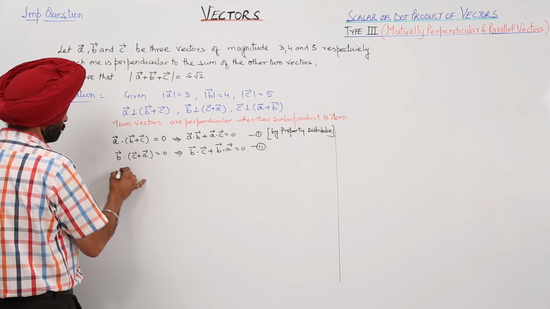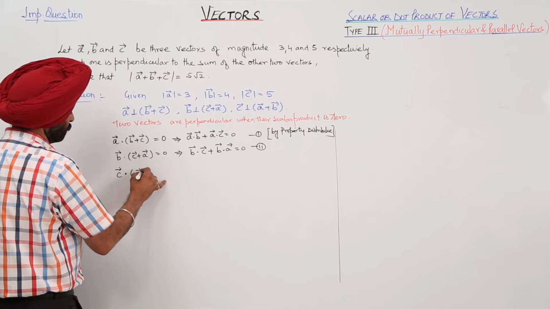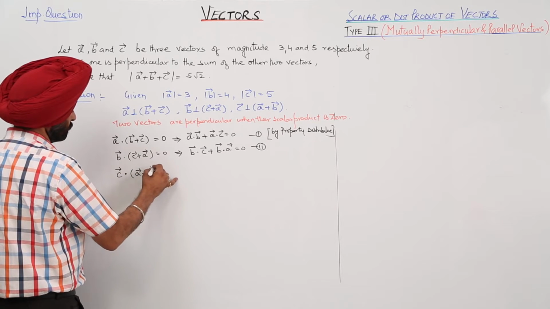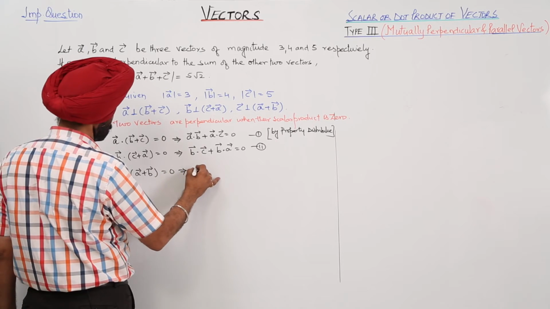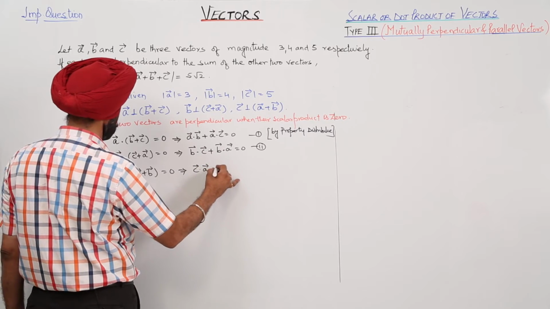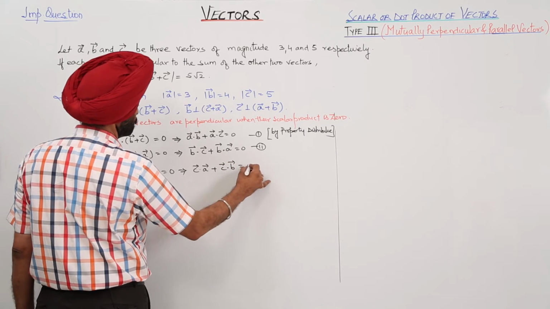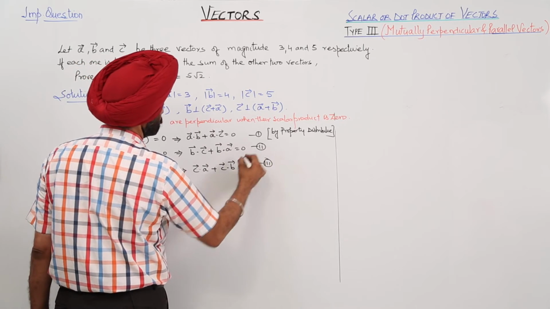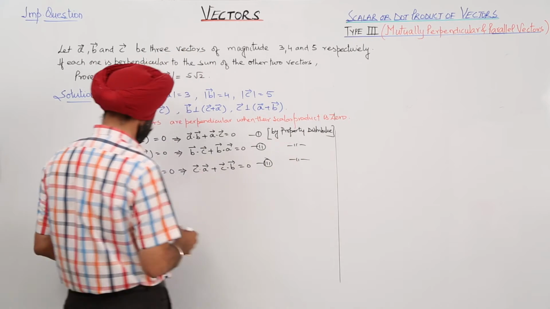And vector C dot vector A plus vector B implies vector C dot vector A plus vector C dot vector B is equal to 0. Third, same.